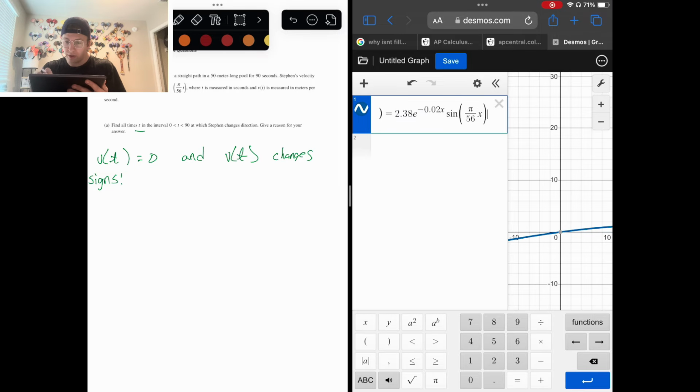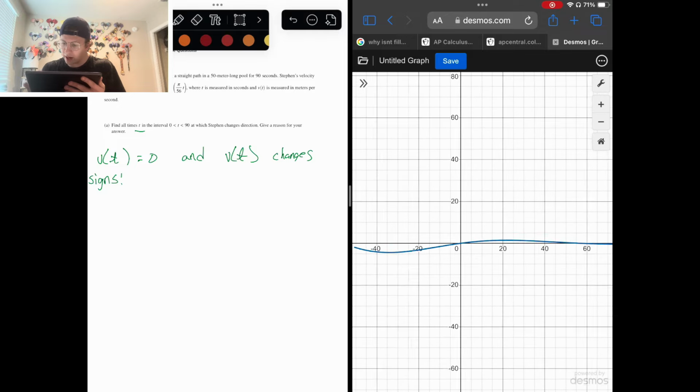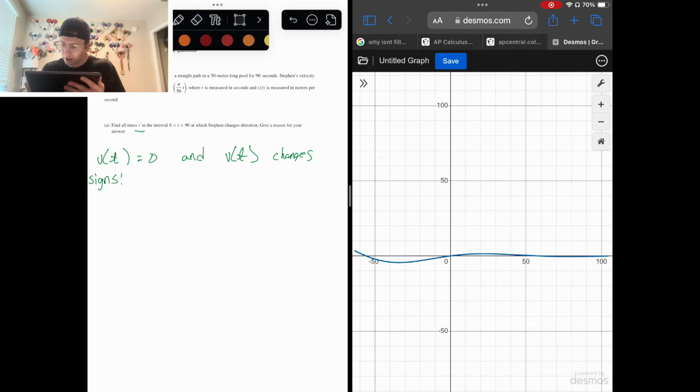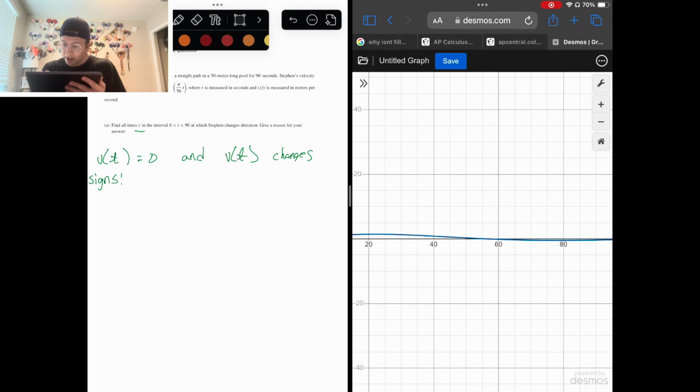All right, so let's just analyze this graph on Desmos. So I'm going to zoom out a little bit so we can see the whole interval from 0 to 90. All right, click on it. It's going to say where our graph hits the x-axis. So at t is equal to 56, he is changing directions.